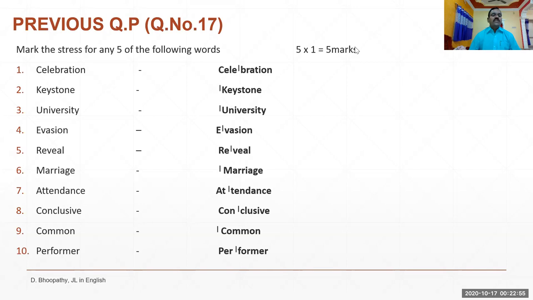These ten words are from your textbook, probably from prose. Now we have to mark the correct stress. If you are able to do just five words, you will get full marks, five marks.